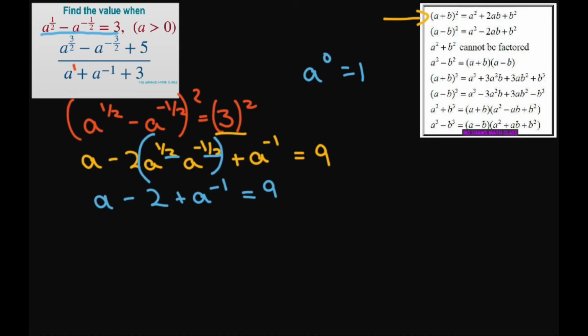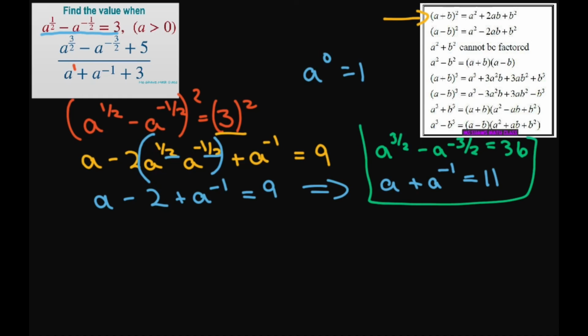If you add 2 to both sides of the equation, you get a plus a to the power of negative 1 equals 11. We also had a to the power of 3/2 minus a to the power of negative 3/2, and that was 36. So this is what we're going to use, and just use substitution for this.